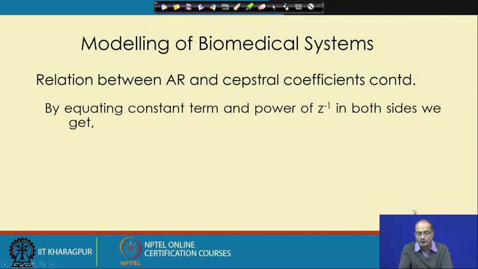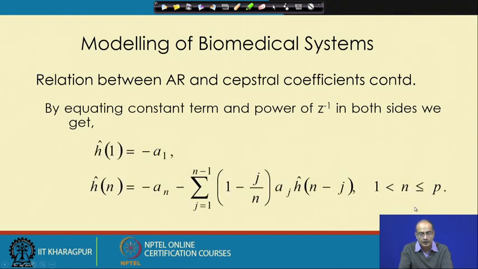So, using that property, we can write that h hat 1 equals minus a 1, and h hat n for n from 2 to p is minus a n minus some more terms.